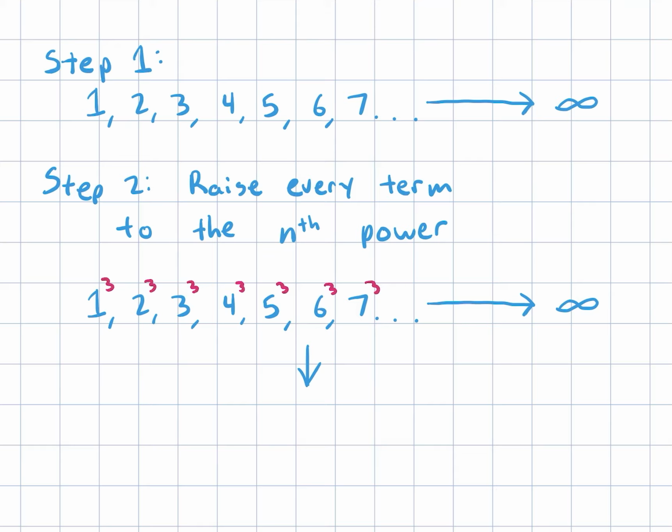And you would end up with 1, 8, 27, 64, 125, 216, and 343, and then so on, of course. So let's stick with this series of numbers as an example.